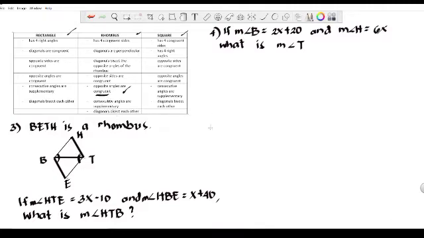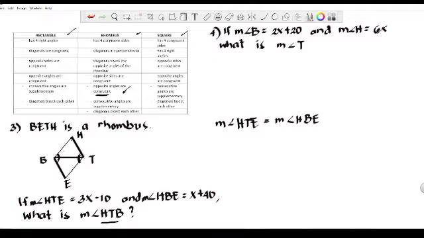So it means that the measure of angle HTE is equal to the measure of its opposite angle, which is angle HBE. So we were able to form an equation that the measure of angle HTE is equal to the measure of angle HBE. But the question is, what is the measure of HTB?